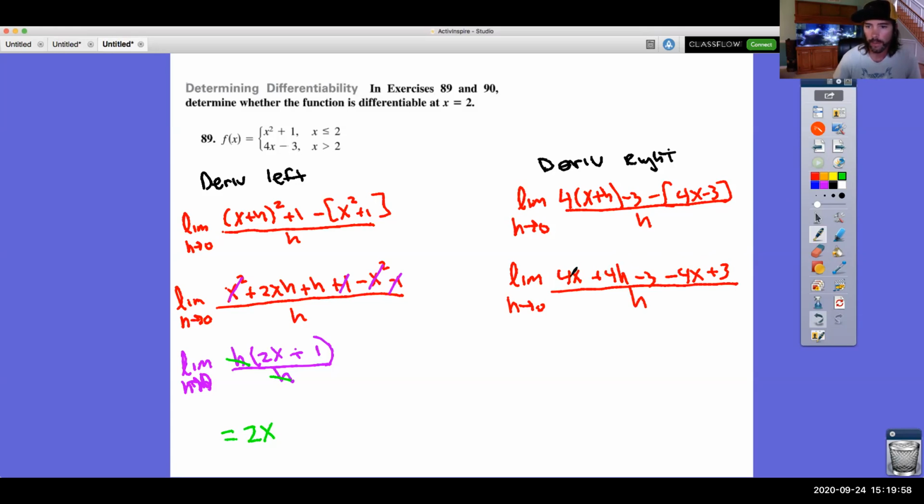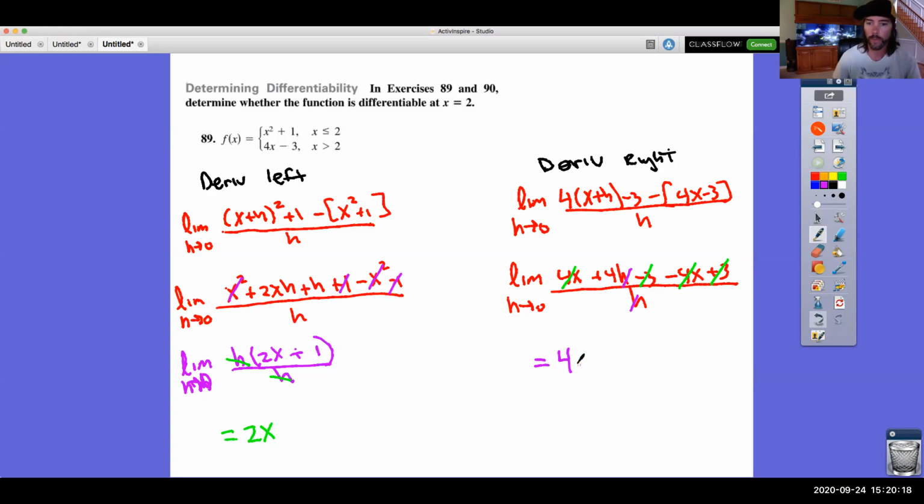The 4x cancels out with the 4x. The 3 cancels with the negative 3. Skipping a step to save time, the h's would then cancel out if you were to write one more step. The limit as h goes to 0 will equal 4.